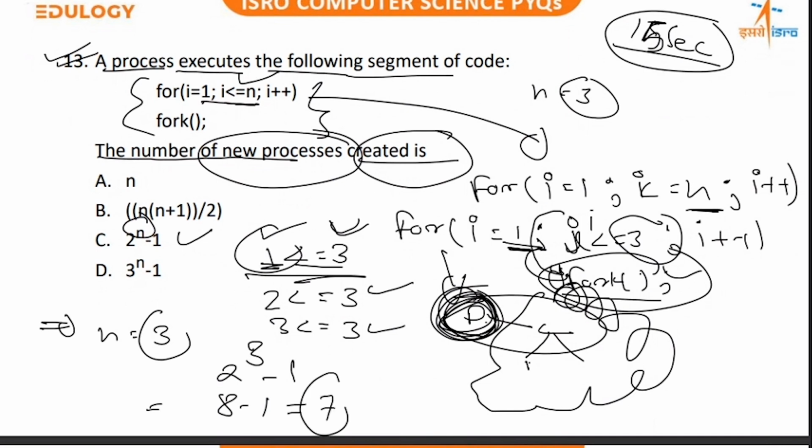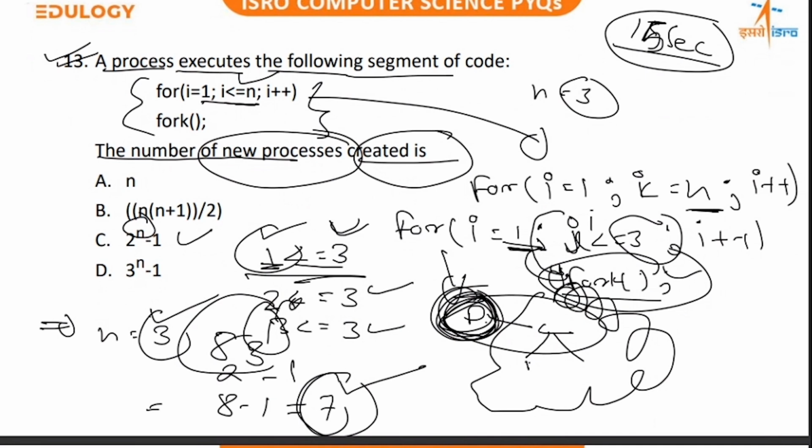Why are we subtracting 1? Because it is our main process. And how many new processes are created? 7. So 7 new processes are created if we put n equal to 3.